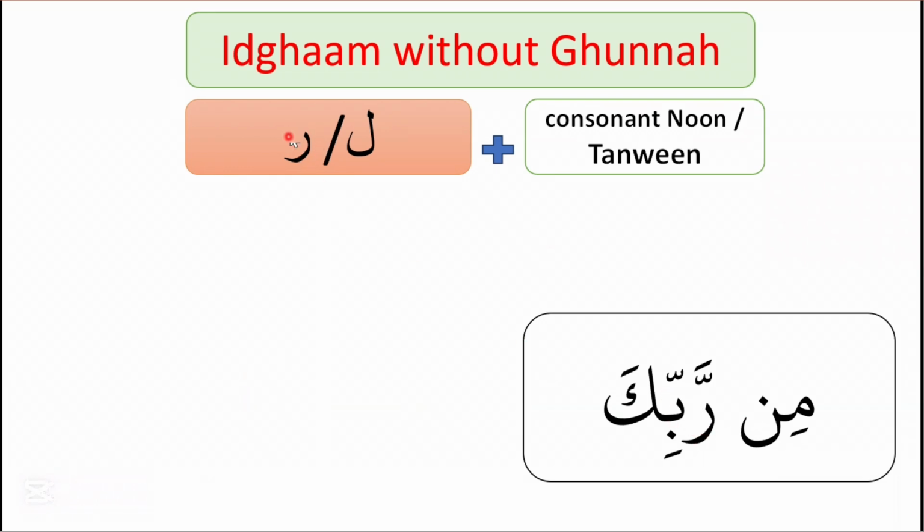In this case, when you read these two words together, you will delete the letter noon and pronounce everything else. So I will start from the letter mim with its vowel kasra, and I will go directly to the letter ra. I will delete the letter noon, and you don't need to do any nasal sound.